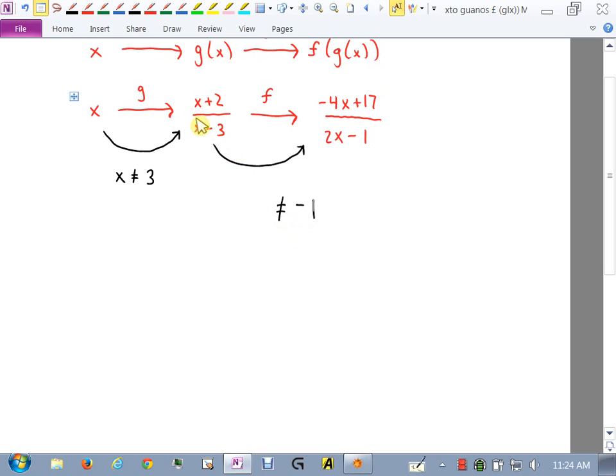The entire thing here that's being plugged into F, right, cannot be equal to negative 1. So I get x plus 2 over x minus 3 cannot be negative 1. That makes sense? So now I go ask myself, well, when does it happen? When does x plus 2 over x minus 3 equal negative 1? And then whatever that answer is, I'm going to throw it out.